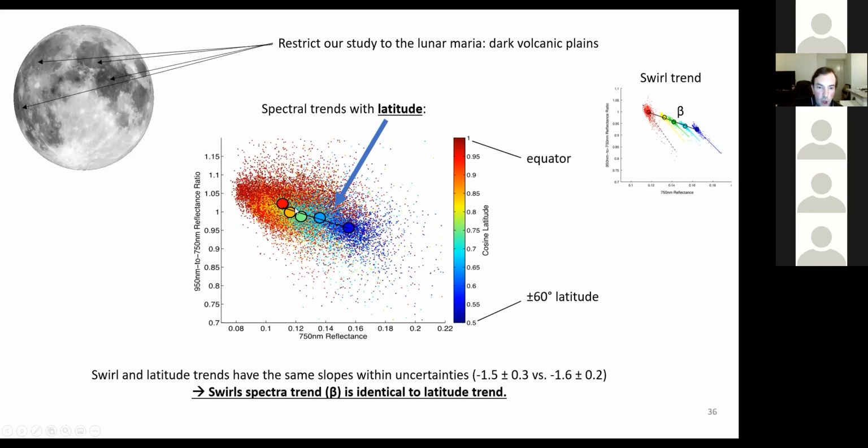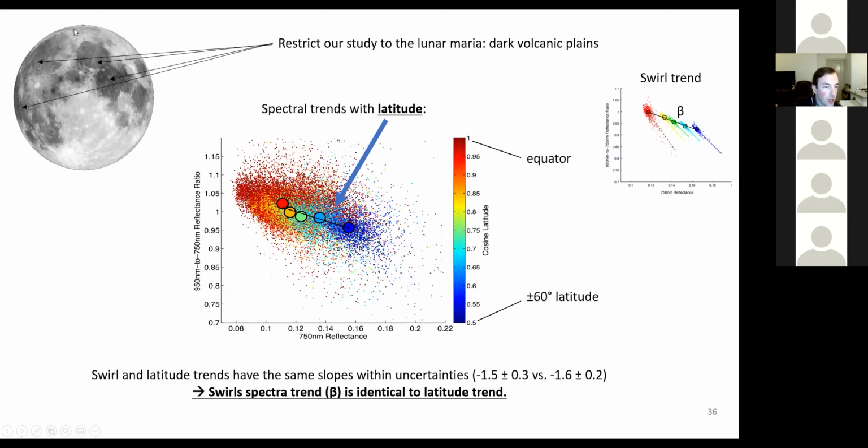And the slope of this trend turns out to be exactly the same as the beta slope for the swirls. So that was really exciting to us because it's the same physical process. The solar wind we think is creating the beta trend. The solar wind is being blocked at the swirl, and the same thing is happening here at different latitudes.